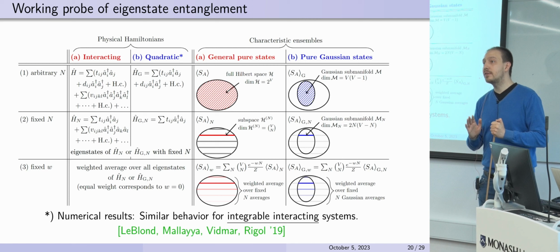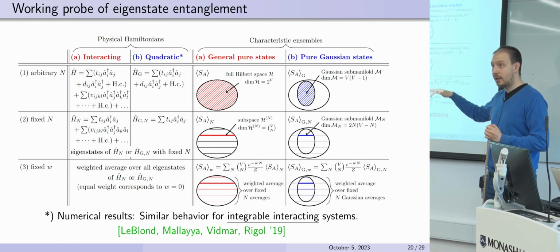And the statement here is that very broad classes of states, for example, for the symmetry of particle number conservation, you then don't need to know much more detail about the specifics of the Hamiltonian.